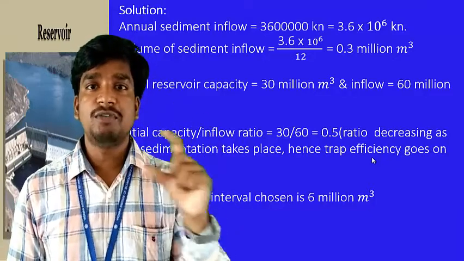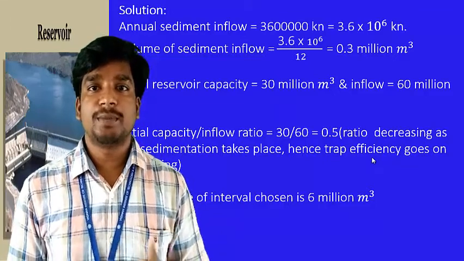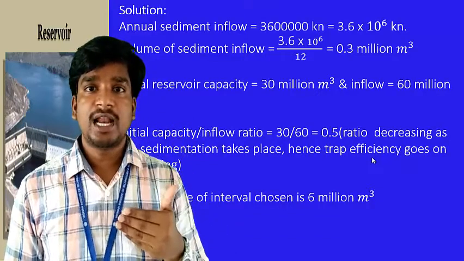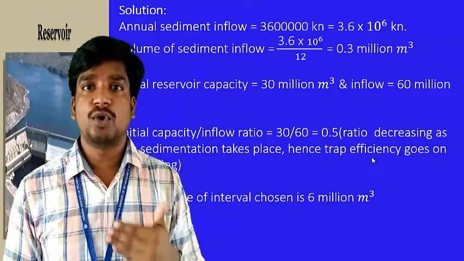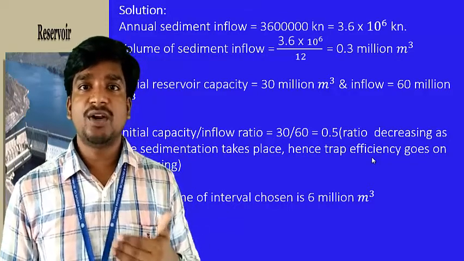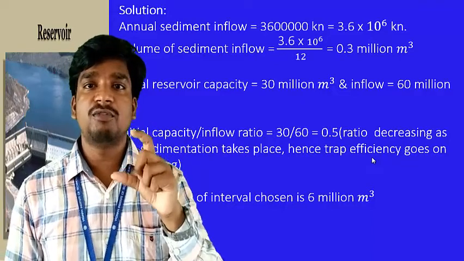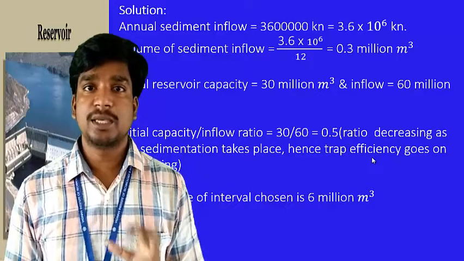So the volume interval is chosen as 6 million cubic meters. The initial capacity of the reservoir is 30. In the next stage, the reservoir capacity is reduced to 24, then later on 18, later on 12, later on 6. Like that we assume the volume interval as 6 million cubic meters. Please keep it in mind.